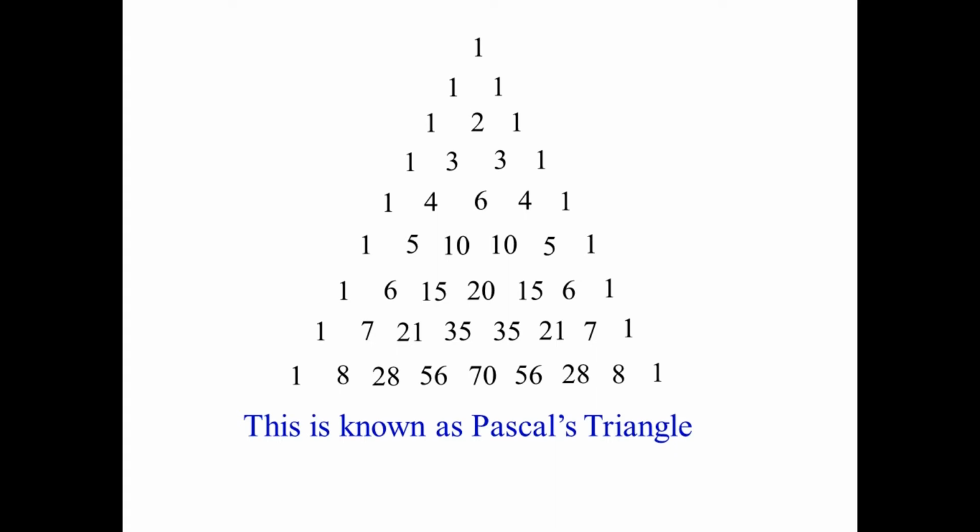Let's make some observations. First of all, the natural numbers are along this row right here. It goes 1, 2, 3, 4, 5, 6, 7, 8, and so on.